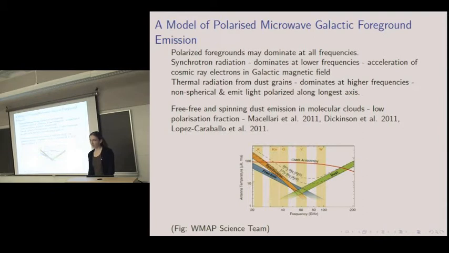So you said that the polarization of spinning dust is very low, right? But I remember that observation by Macellari and Dickinson. They show the average is 2%. Yeah, they show that. The upper limit we found is like 5 or 6%, but the average is 2 or 3%. But if you compare with the correlation of CMB below, it's still much higher.